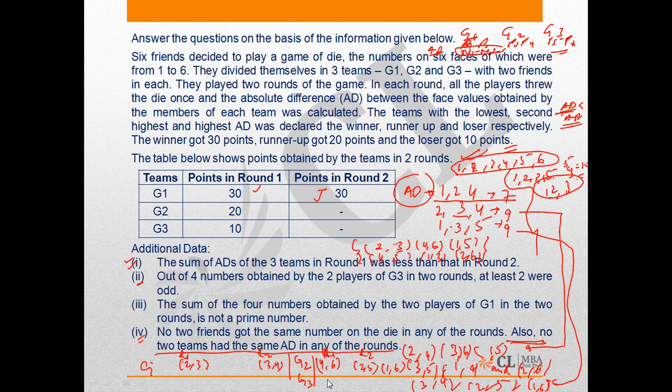And similarly for G3, in first round it is 1 5, in second round it is either 1 6 or 2 5.